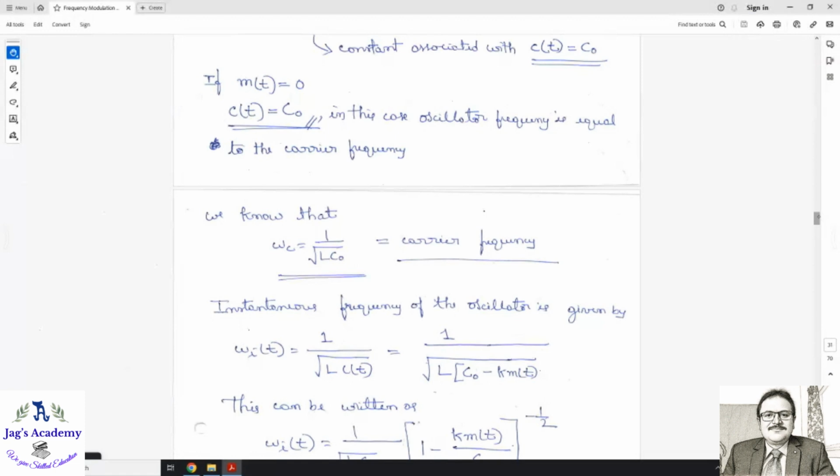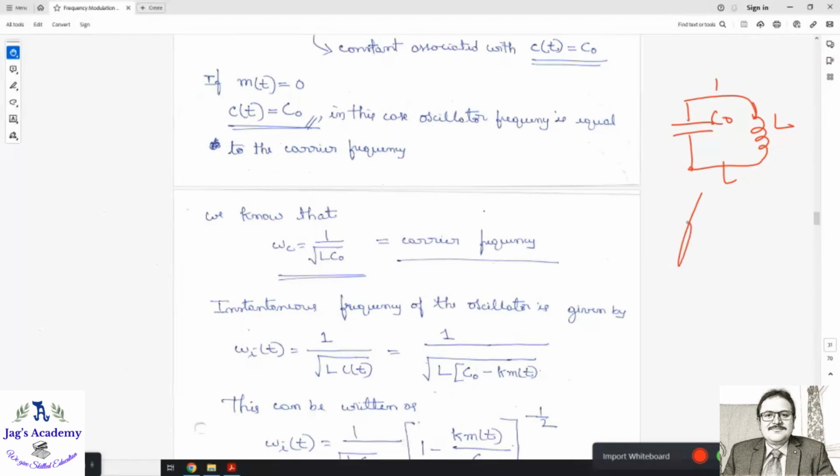Suppose you have an RC circuit, what is the resonant frequency? F is equal to 1 by root 2 pi into RC. Yes or no? See, you have this tank circuit, okay? This is C naught and this is L. Now, this will produce oscillation, no doubt about it.